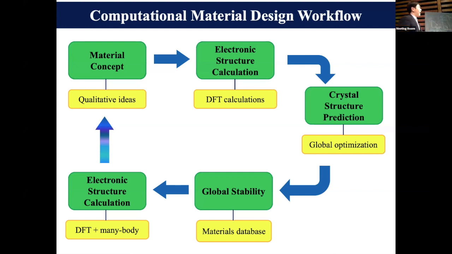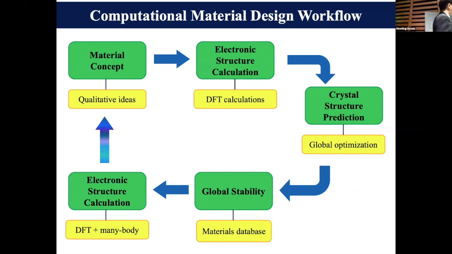In this step, we use the DFT method in order to check whether our initial intuition is promising or not. If it is, we do the crystal structure prediction by using global optimization, such as an evolutionary algorithm. Once we find a crystal structure, then we check whether the material is thermodynamically stable or not.